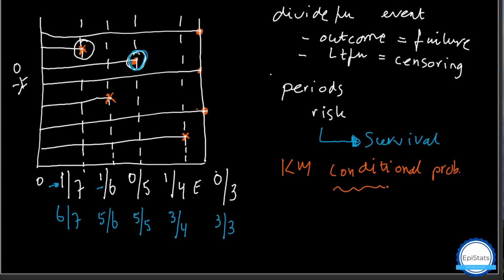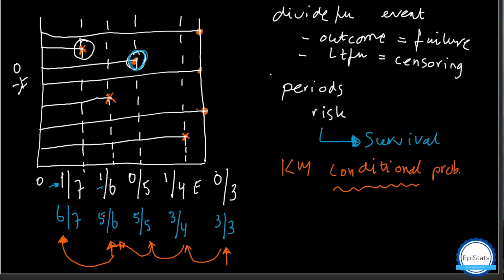So what does this word conditional mean? To survive the second period, I first need to survive the first period. So my survival of the second period is conditional on surviving the first period. Surviving until the end is conditional on surviving all the previous periods.